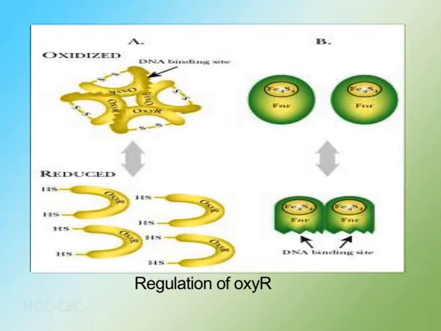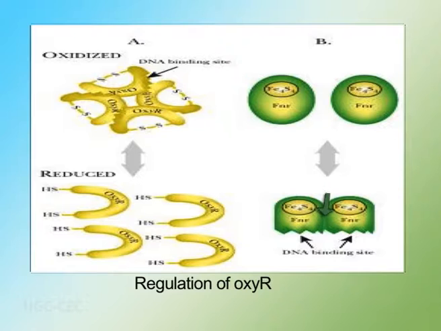And similarly, we have another example called FNR. It has an Fe4S4 cluster attached to it, and only when it gets reduced does it regain the capability of dimerization and gain the capability to bind to the DNA and regulate gene expression.